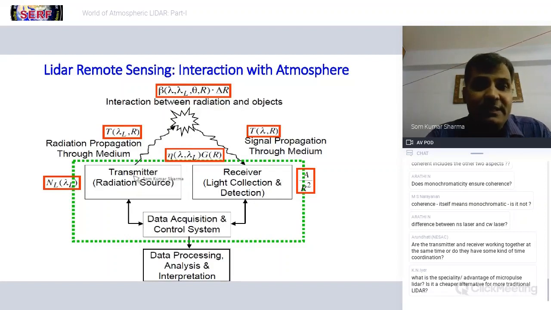It is transmitted into the atmosphere, these radiations interact with the atmosphere, and after the interaction, whatever signal is coming back again propagates through the medium. The telescope decides the area and range, the solid angle A upon R square, how much signal you are receiving. This received signal is acquired through the control system, and then data processing is done to derive the useful parameters and information from LiDAR systems.